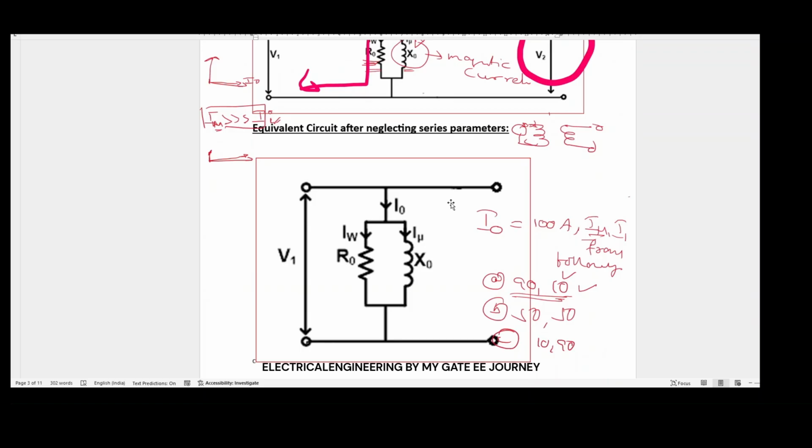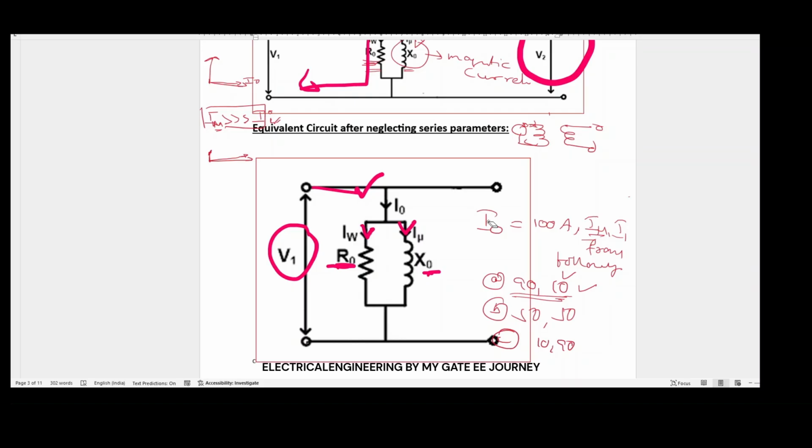As the current is very small, the drop across the series parameters is very small, and we can neglect these series parameters for simplicity, and the resulting circuit can be represented like this. Voltage is applied across these two branches, one across R0 and one across X0, meaning our voltage is used for magnetizing the core and to meet the core loss component.